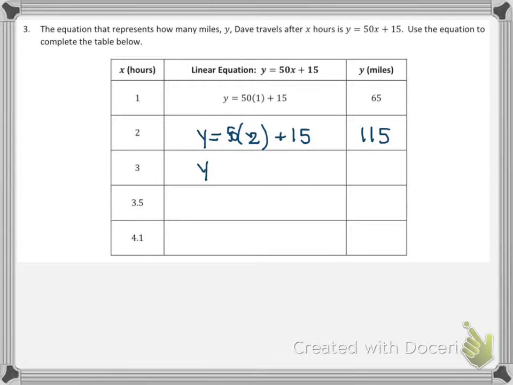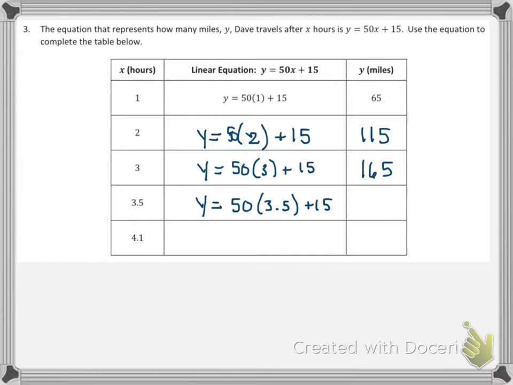And continuing, y equals 50 times 3 plus 15. That's 150 plus 15 is 165. And again, a little more calculating we'll have to do. 50 times x, which is, in this case, 3.5 plus 15. And 50 times 3.5 is 175.